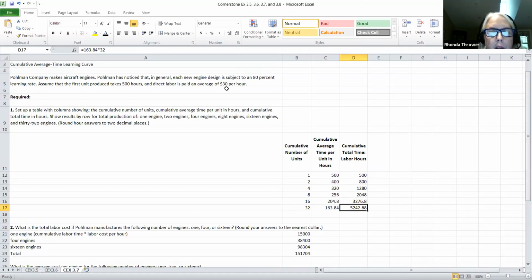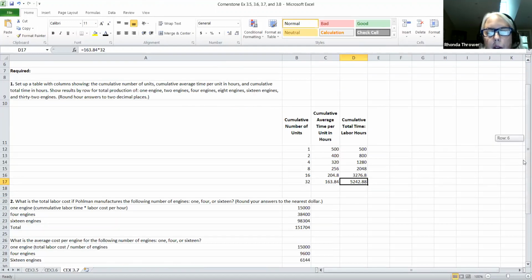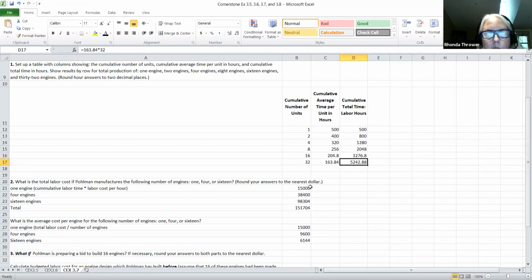It's given right here, that $30. So 500 times 30 will give you 15,000, which is the cost of your labor to produce 1 engine. Again, it was 500 cumulative total time labor hours times $30 per hour will give you $15,000 that it cost you in labor to build 1 engine.